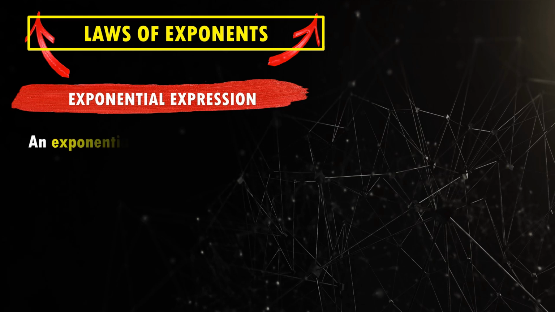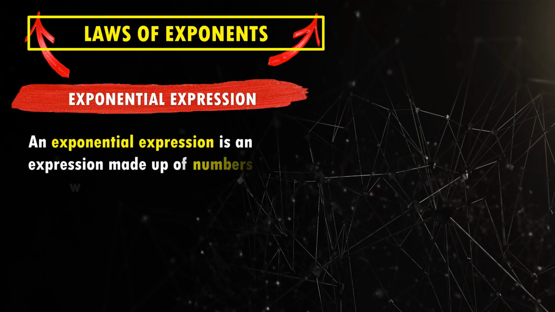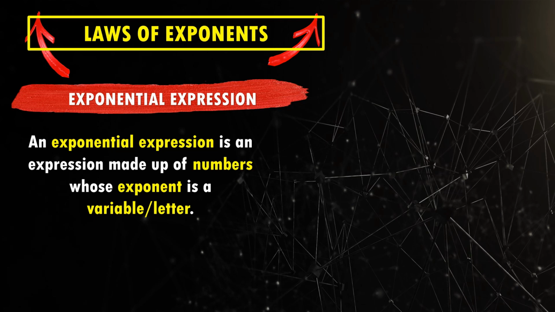So exponential expression, it is an expression made up of numbers whose exponent is a variable or letter. So ganito yung ating exponential expression, wherein yung pinaka-exponent natin is variable ang given, not a number.